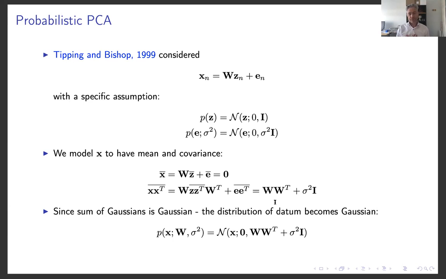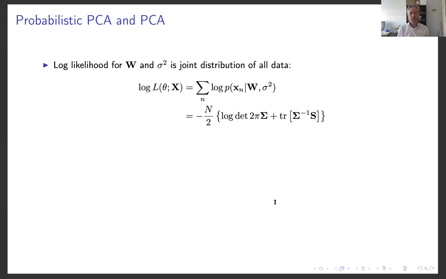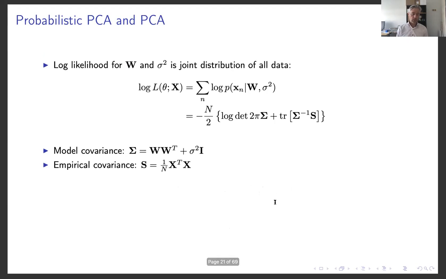So far we've just written down the likelihood for a particular latent variable model, but what now becomes interesting, and which is the contribution of Tipping and Bishop, is that they showed that if you do maximum likelihood estimation on this likelihood, then you will come back to principal component analysis. Of course, intuitively, it's not so strange, because we have some empirical covariance here, and we have a model for the covariance here.